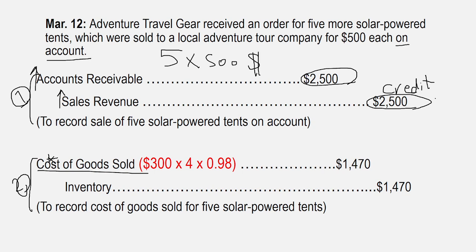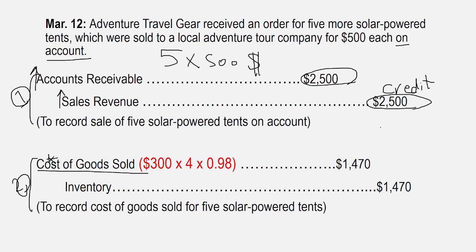Additionally, Adventure Travel Gear needs to account for cost of goods sold in level 2 of recording for a merchandising company sale, which is the expense associated with the inventory items sold. To calculate the cost of goods sold, we need to use the net cost per unit, which is 300 multiplied by 98% to reflect the 2% discount, and multiply this net cost per unit by the quantity sold, which gives us 1,470.